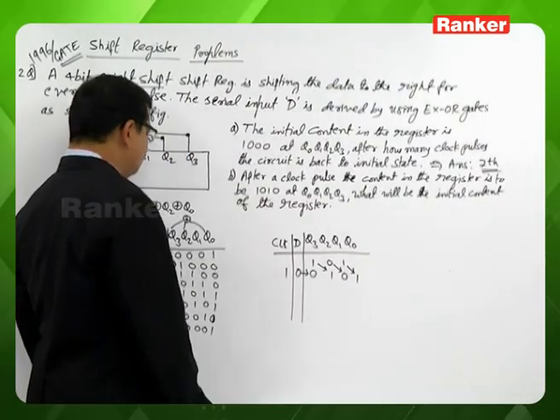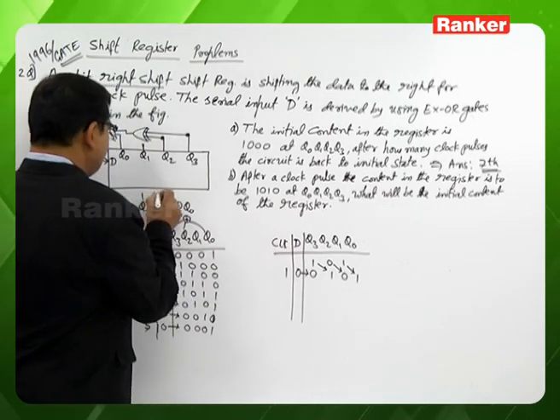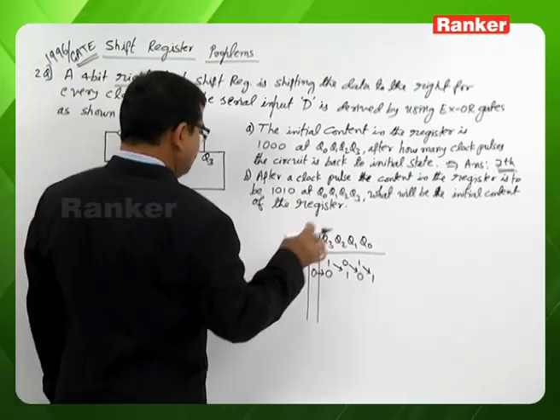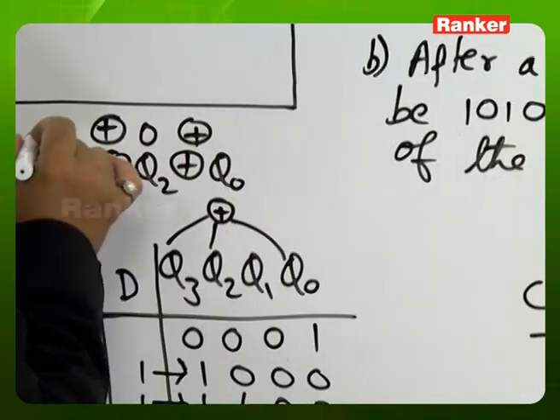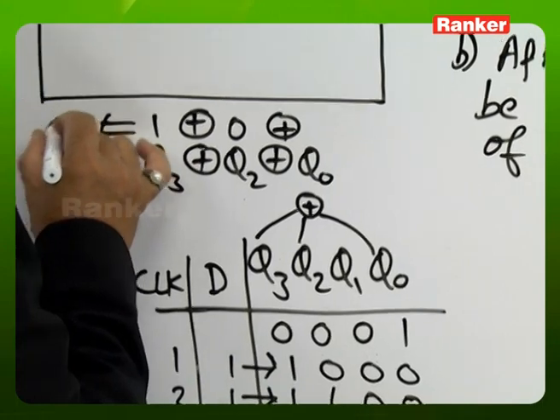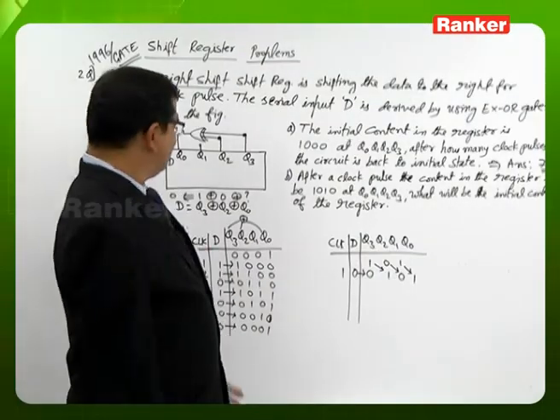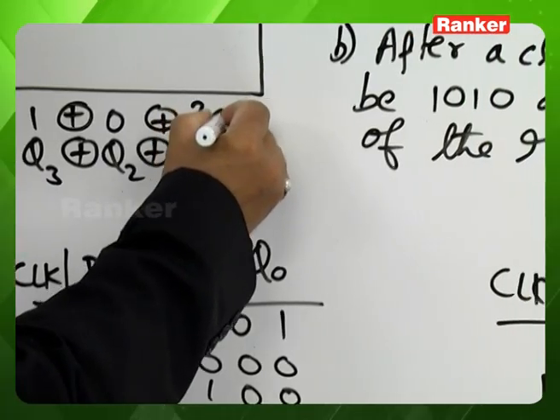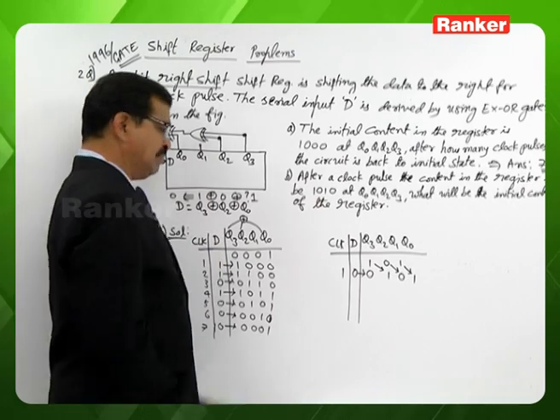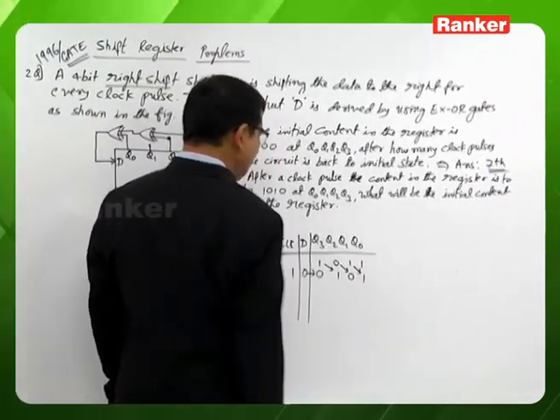So we are looking here, Q3 is 1, Q2 is 0, and we want to read D to be 0, then what will be Q0 is the question. So if at all we take Q0 as 1, then only the serial input D becomes 0. Hence, Q0 must be 1.